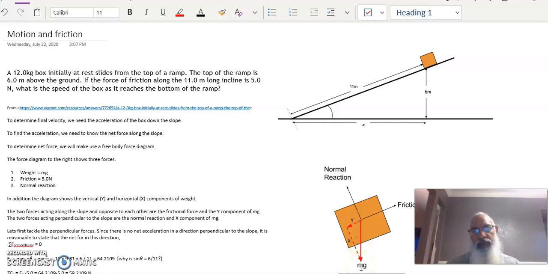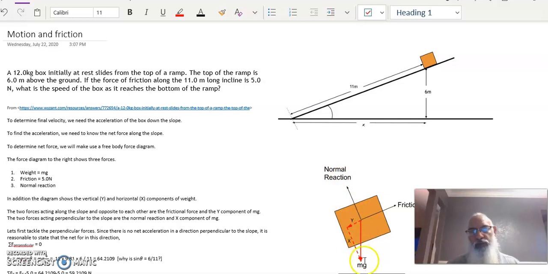We have the mass, so we can find mg, so that's a known force. It's also under the influence of a 5 newton frictional force. And then there is a force keeping the box from falling through the incline, acting perpendicular to the slope, and that is called the normal reaction.